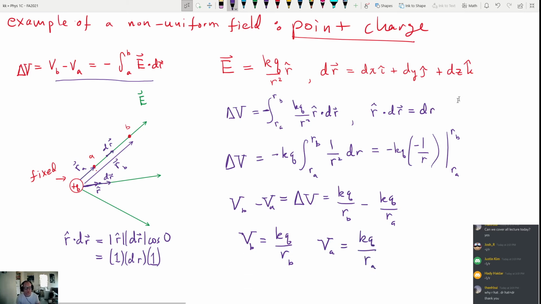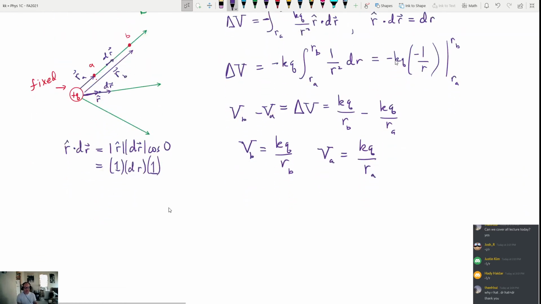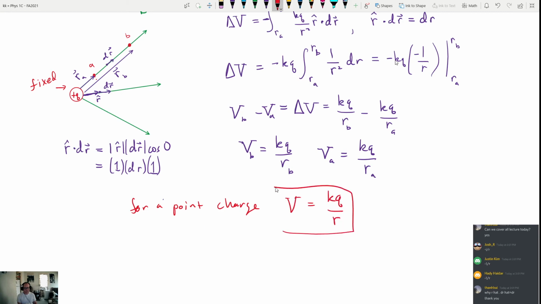Which means in general, we can say that for a point charge that's fixed in place, the electric potential is equal to KQ over R. It's a scalar too, so you don't need any vectors or anything like that. There we go.